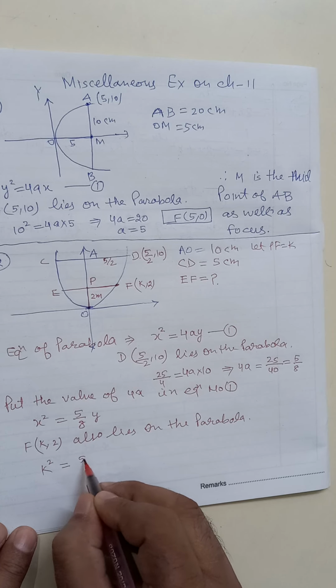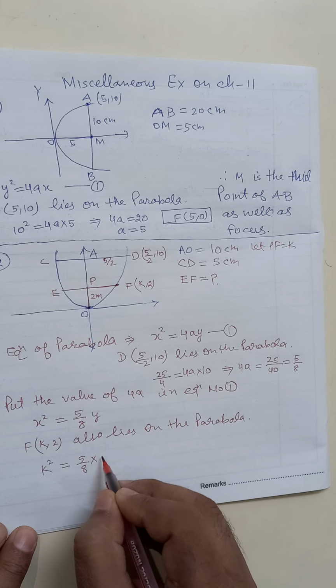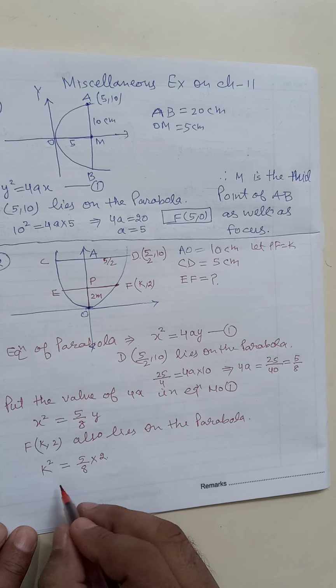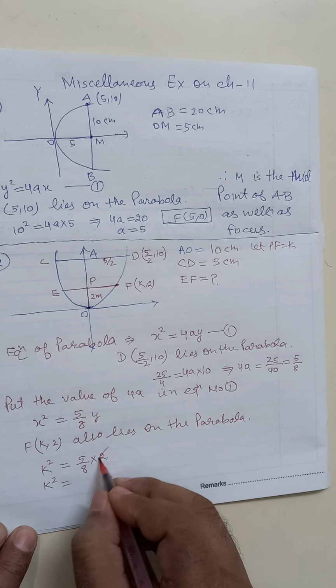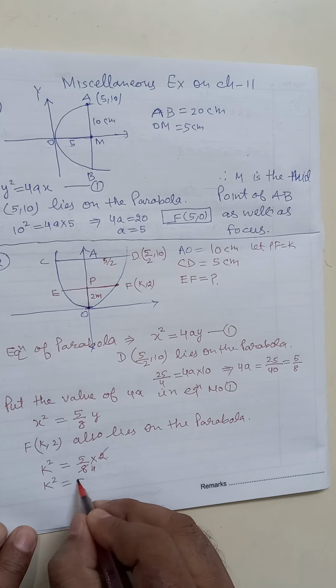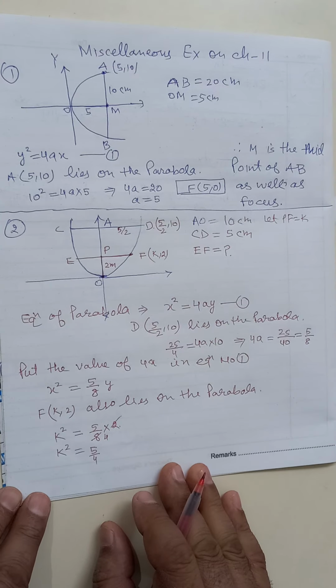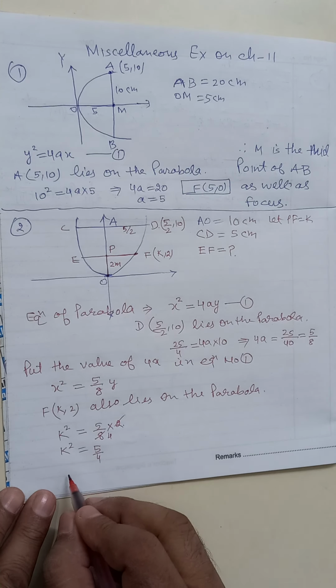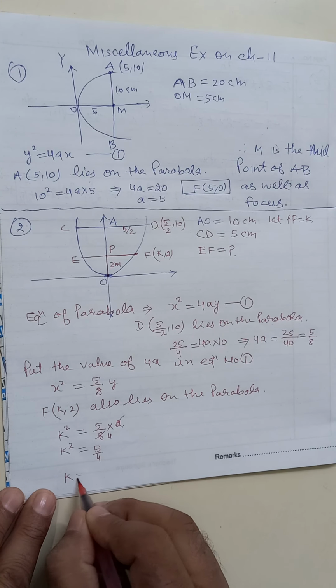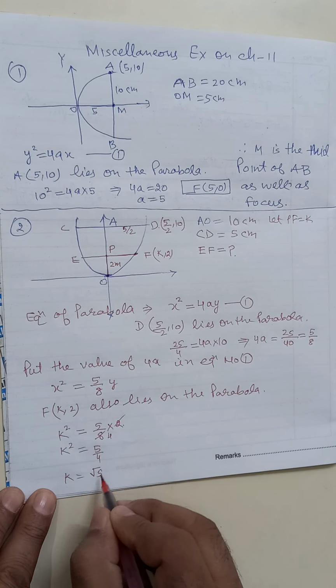K square is equal to 5 by 8 into 2. Therefore K square is equal to, this will cancel, 5 by 4. So from this relation you can find the value of K, that is root 5 by 2.